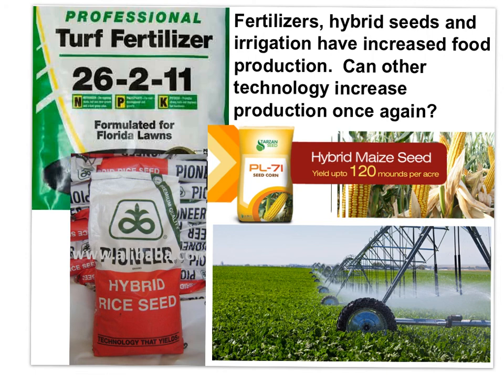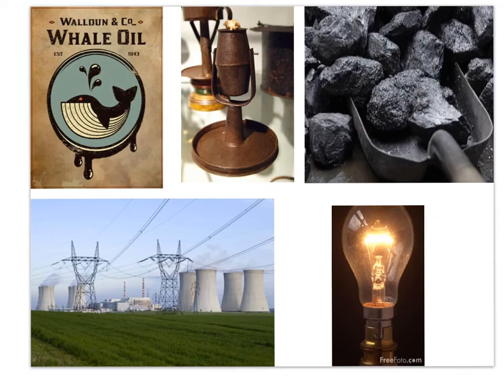These technologies increased food supply, thus allowing for the exponential growth in human populations over the last 150 years. These technologies increased the Earth's carrying capacity. Can we do it again? In providing light, technological developments have brought us whale oil, then coal, then nuclear power.